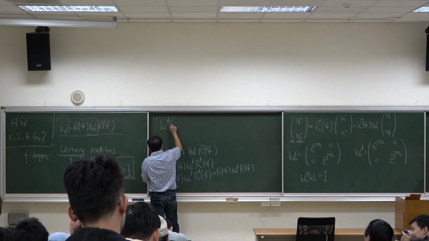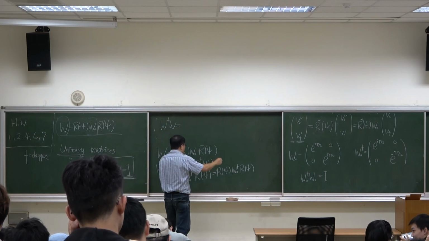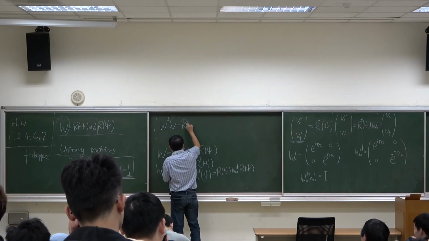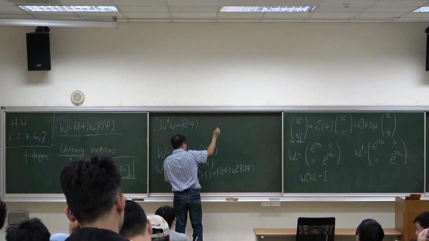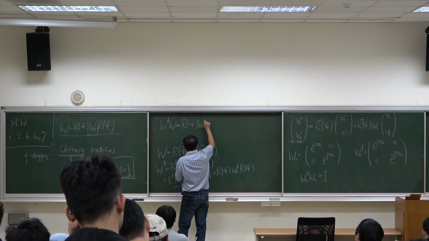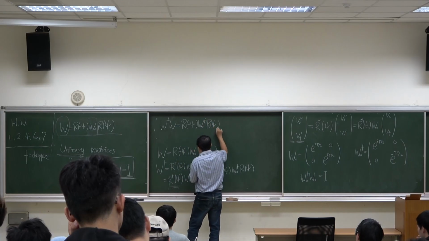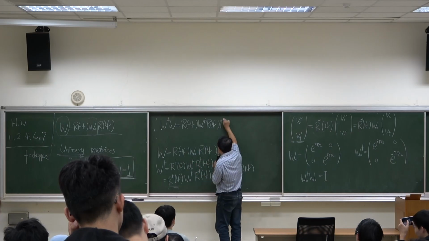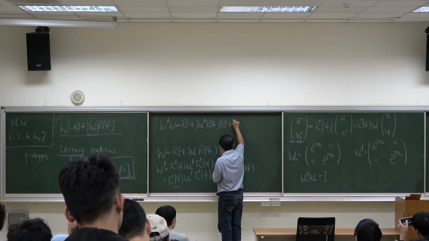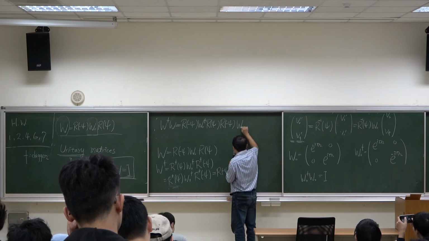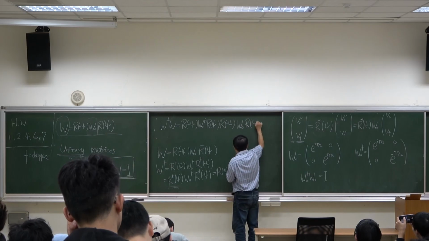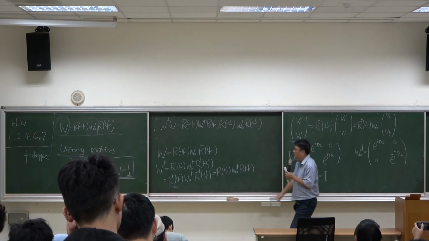W dagger times W is now equal to R minus psi times W0 dagger times R psi times R minus psi times W0 times R psi. Okay?